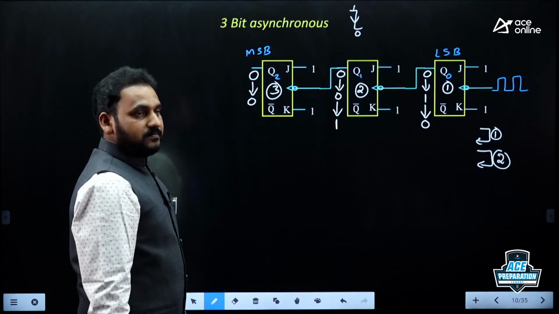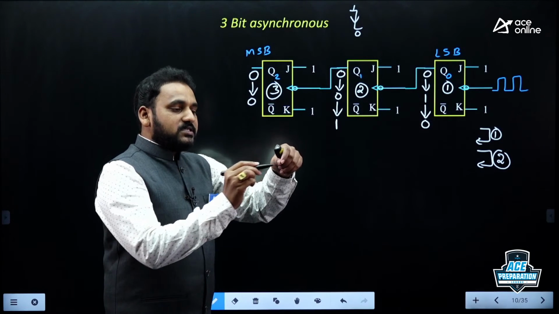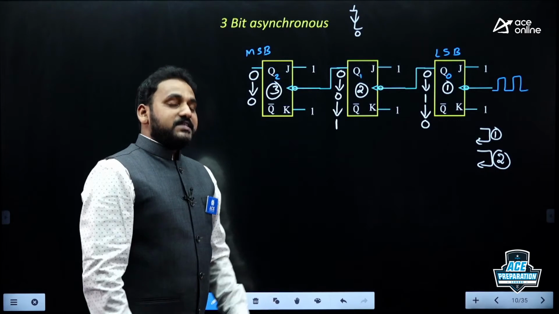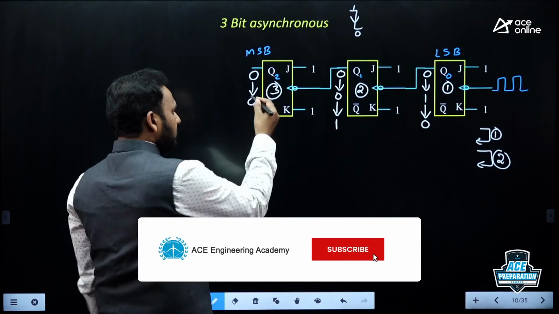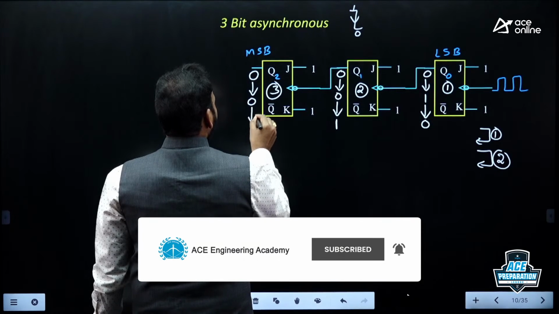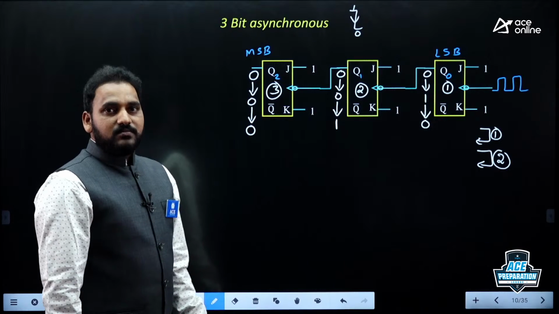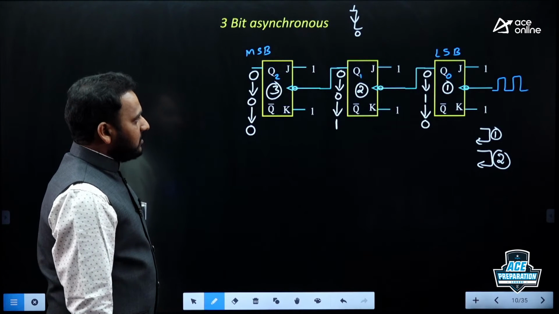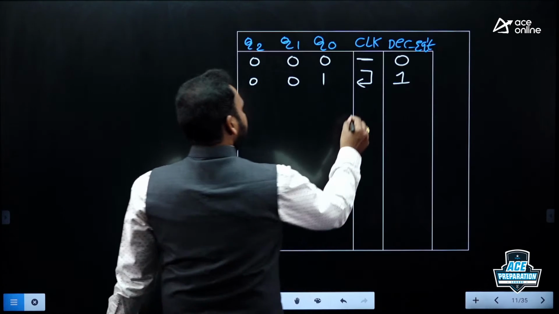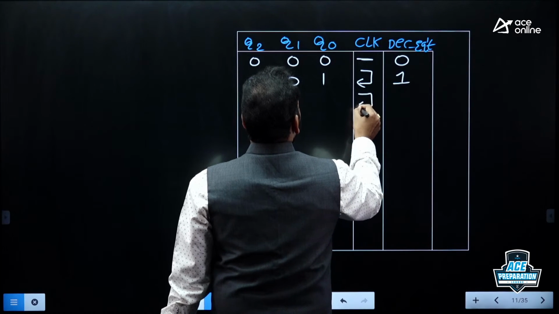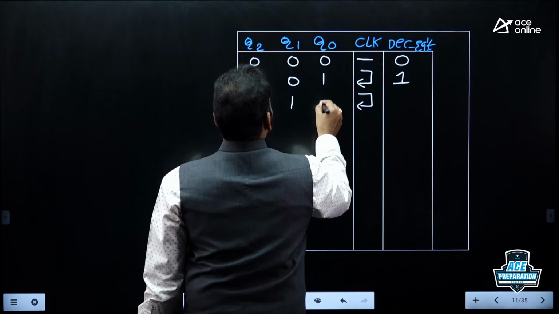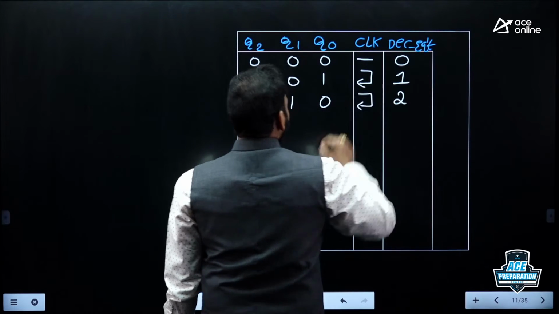But the 0 to 1 rising edge cannot trigger the third flip-flop. The third flip-flop will maintain the same state as its previous. So 0, 1, 0 will be the updated binary state after the second clock pulse, and its decimal equivalent is 2.